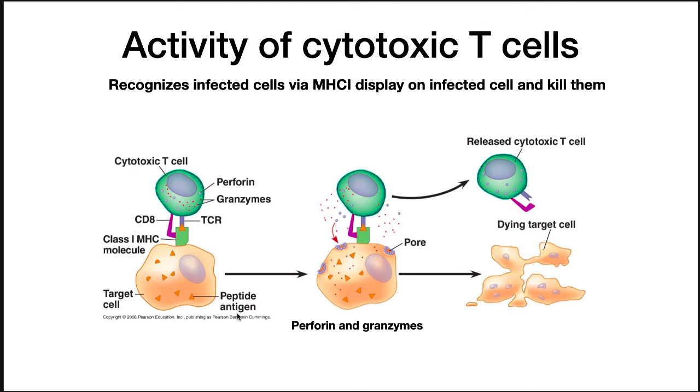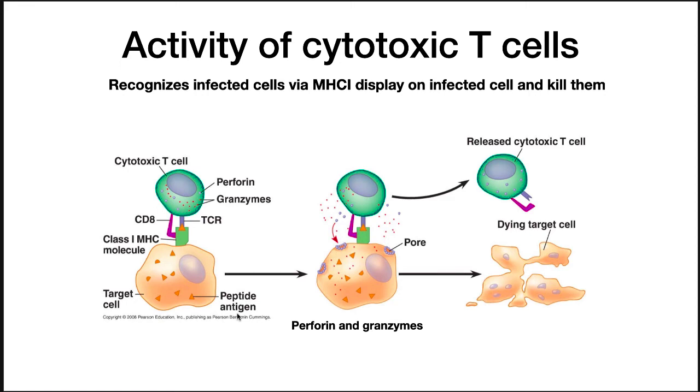Secondly, fully differentiated T cells have granules inside them that contain perforin and granzymes. The T cell makes contact with the target cell and then releases the perforin. This polymerizes and forms pores in the target cell membrane, allowing granzymes to then release from the T cell and migrate through the perforin pores into the target cell.